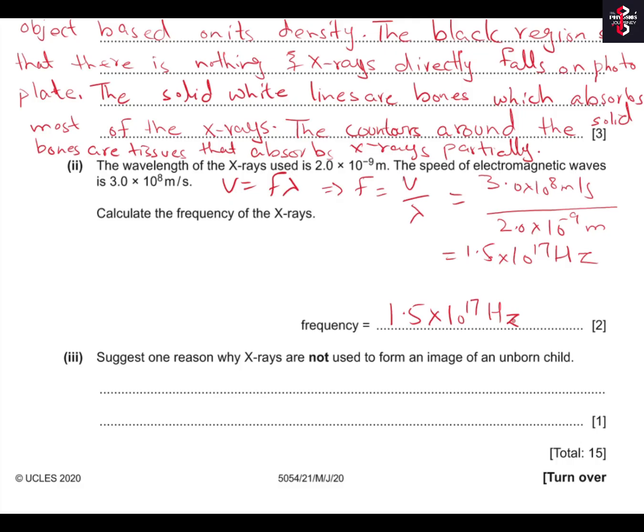In the third part, suggest one reason why X-rays are not used to form an image of an unborn child. X-rays are radiations that destroy human cells.